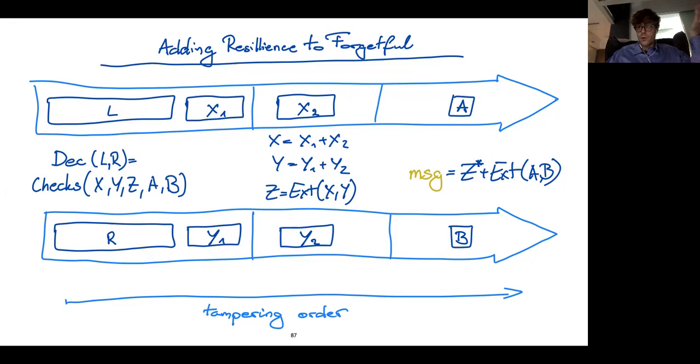If I forgot A and B, it's the same reasoning as before. If I forgot x2 or y2, again, the same reasoning. So now suddenly it's 6 out of 6 secret sharing. The analysis of this construction is identical to the analysis of the previous construction. We just split it into 2 steps for readability of the paper.